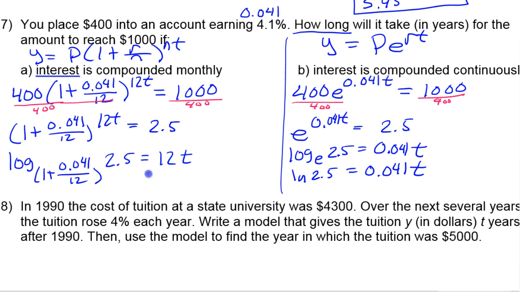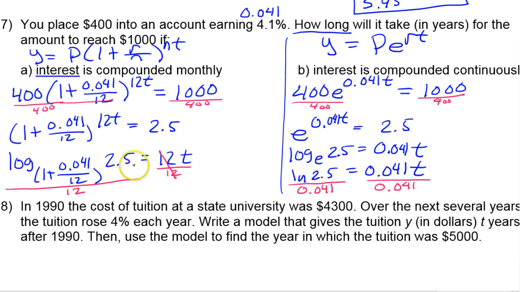On the left side, what's my last step? t by itself. How do I get this t by itself? Divide by 12. I need to divide by 12 on both sides. And on the right-hand side, how do I get t by itself? Divide. So I'm going to divide by that 0.041.